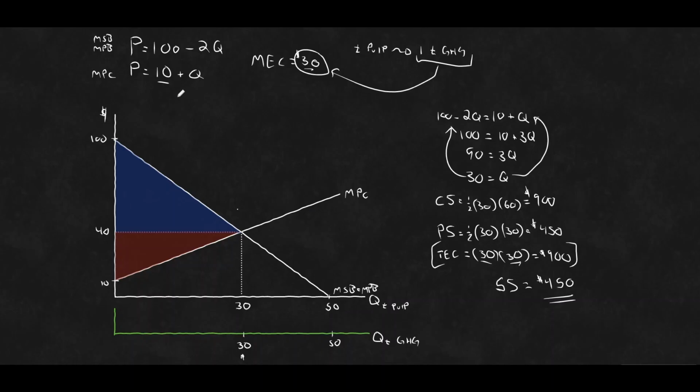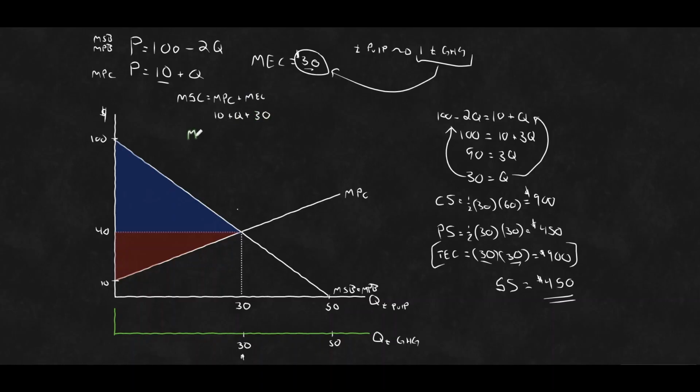To see this, what we need to do is figure out what our marginal social cost is. And keep in mind, marginal social cost is the marginal private cost plus the marginal external cost. So what's our private cost? 10 plus Q, plus our marginal external cost of 30.